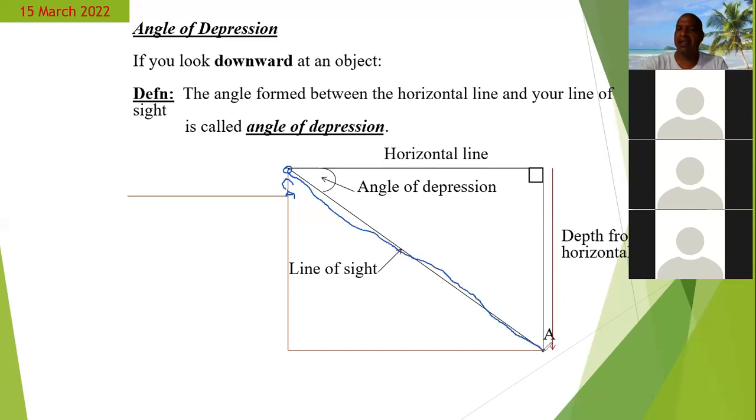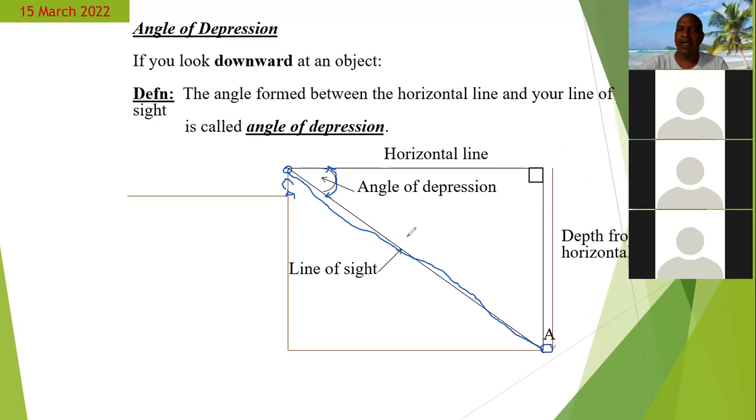So this is the line through which you're looking at the object A. The object A would be in the water. You're on the cliff, and down here is water, and there's an object in the water that we are looking at. Is that clear now? The angle that is formed with the horizontal line and your line of sight is referred to as the angle of depression.